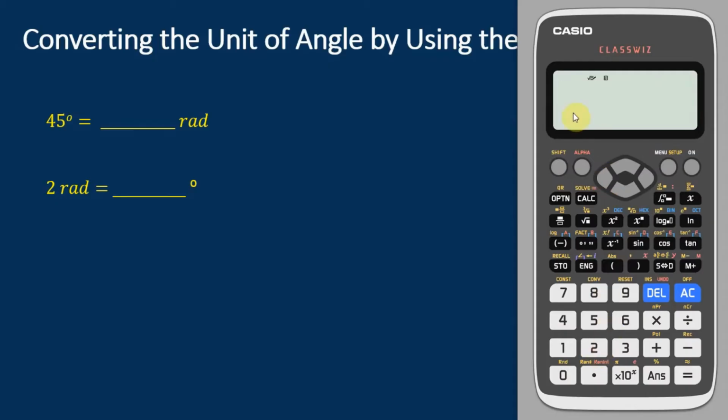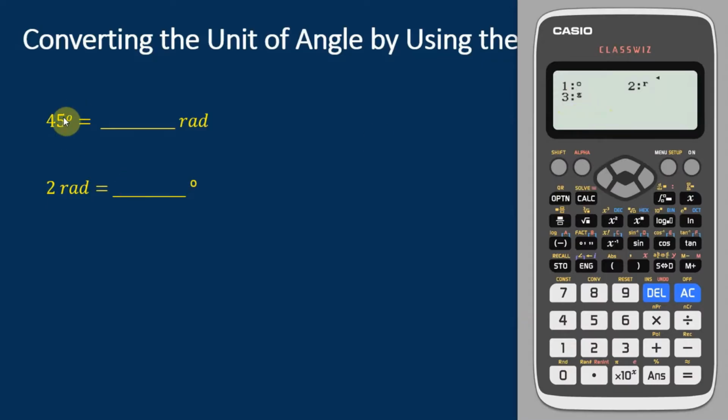After we set our angles to radians, then we key in the 45 degrees. To input 45 degrees, we key in 45 and then go to options, and here we can see angle units again. So we select 2, and then it asks us what's the unit of the angle that we would like to input.